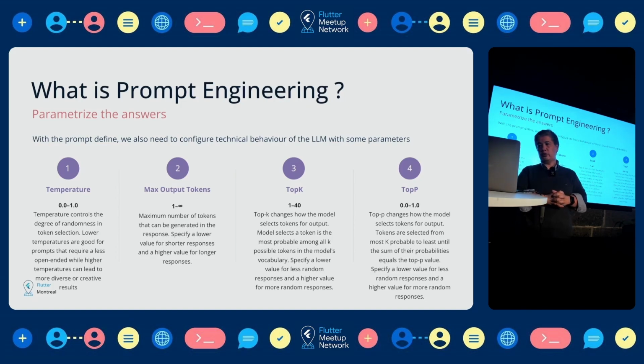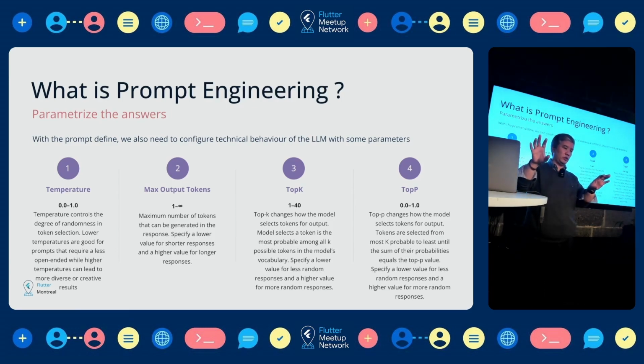The third and the fourth ones are more about how it's going to compute statistically, how it's going to know which word is going to be used. So for the top K, it checks, given the first word, the next word: how many words are going to be selected.